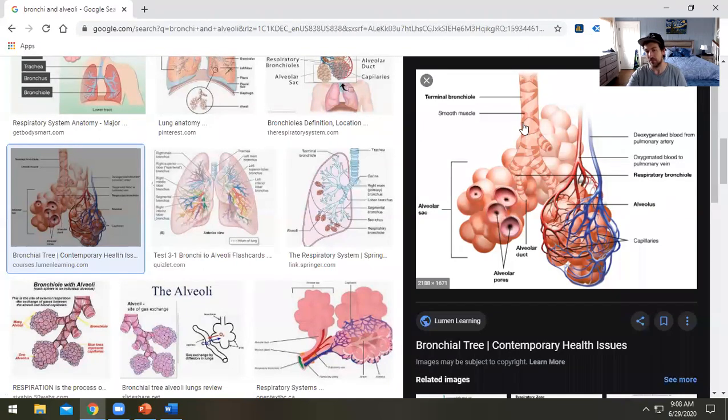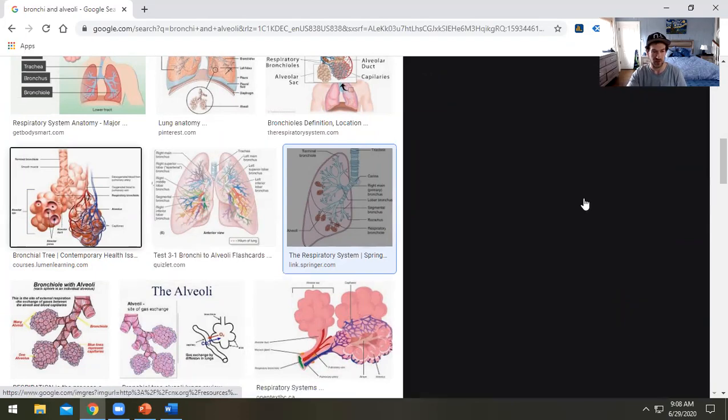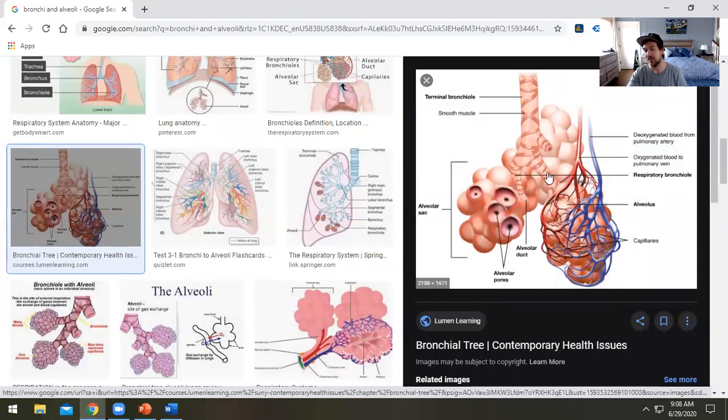Each of those little tiny bronchioles, the end of the tree basically ends in these little popcorn-shaped sacs, right? So this would be a bronchi. Like I said, this would be like a primary bronchi, and then this would be like a secondary bronchi, and then it would get really, really small until it looks kind of like this, and then this would be like an individual bronchiole.